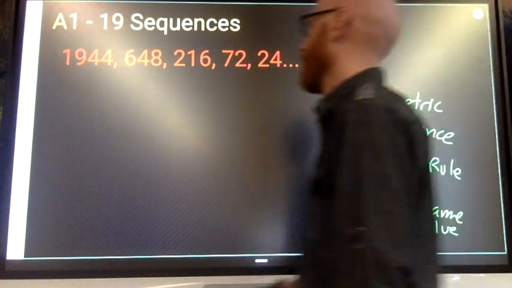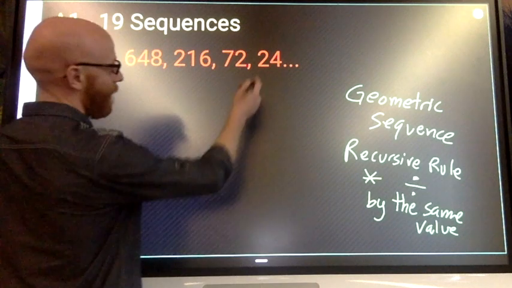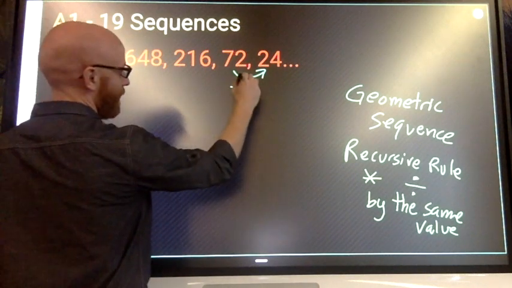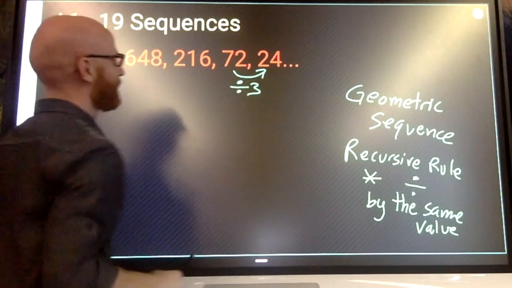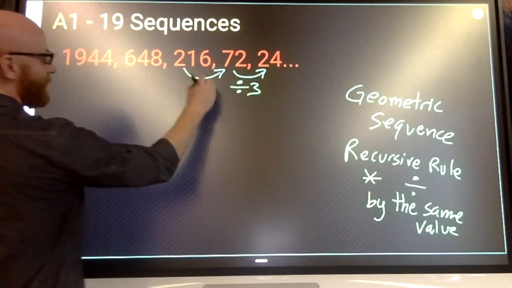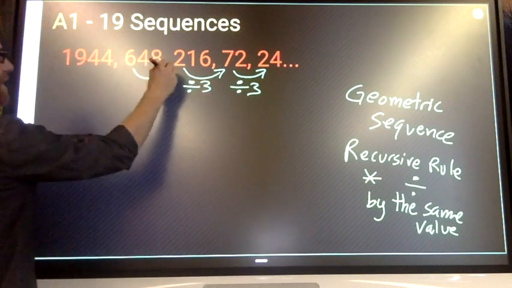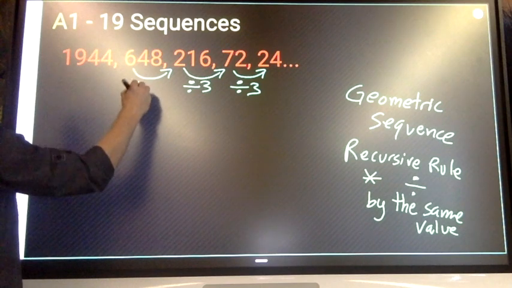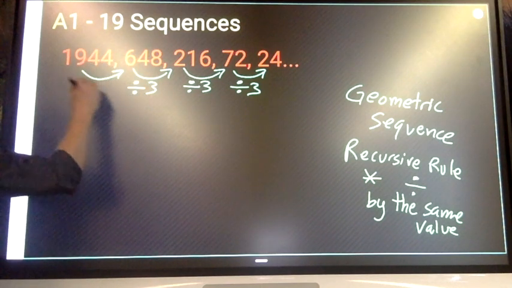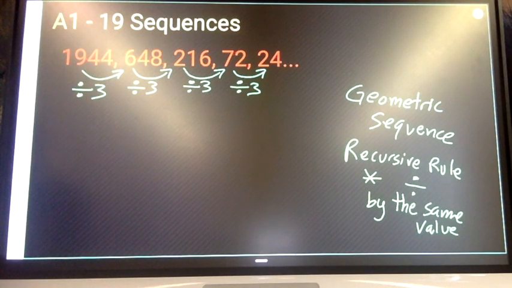Okay? So I could check this. I'm going to work with the small numbers. To get from 72 to 24, we divide by 3. To get from 216 to 72, we divide by 3. And I hope that the pattern continues all the way down the line, because if it doesn't, then I made an error somewhere. All right, so we're dividing by 3 each time.